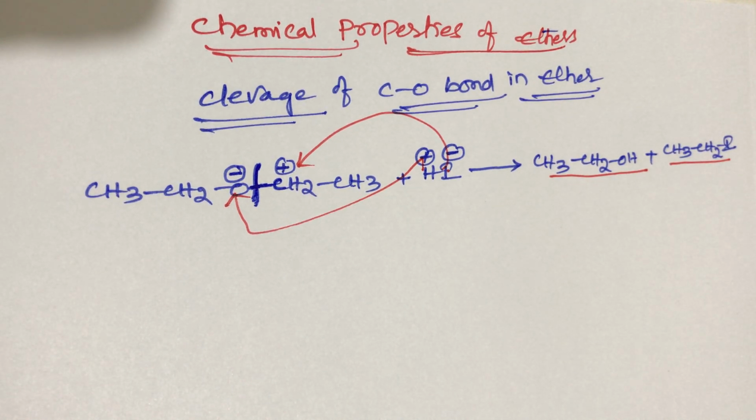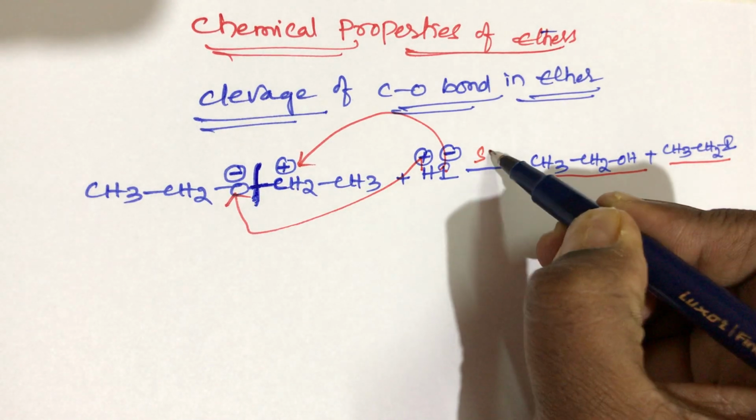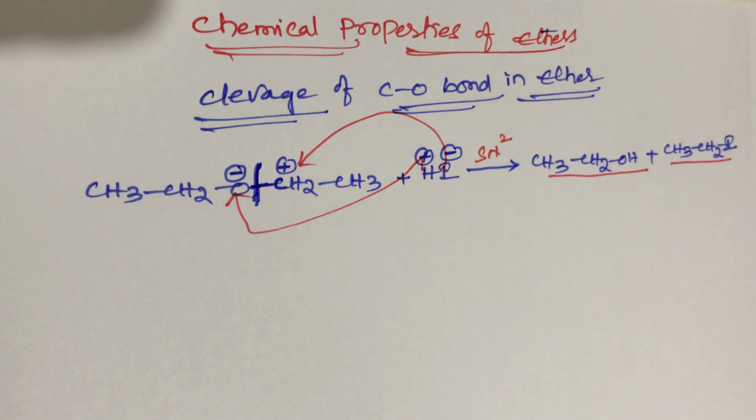Generally, primary alkyl halides follow the SN2 mechanism. It is very important.